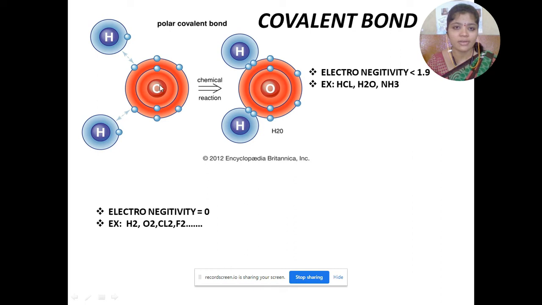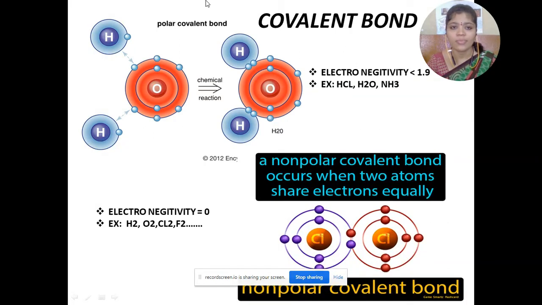Covalent bond is classified into two types. One is the polar covalent bond, another one is the non-polar covalent bond. First of all, we will discuss the polar covalent bond. Polar covalent bond means the mutual sharing of electrons is unequal. Unequal sharing means here the hydrogen atom contains one valence electron and oxygen contains two unpaired electrons.